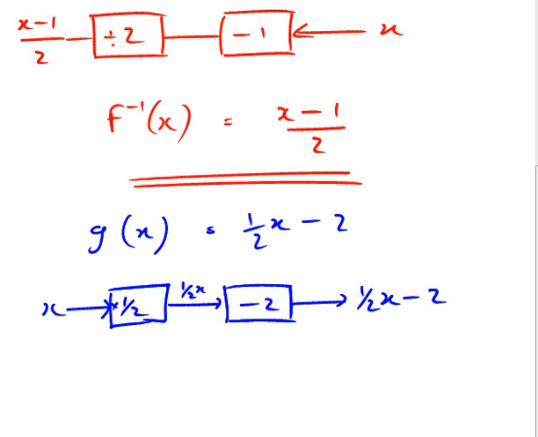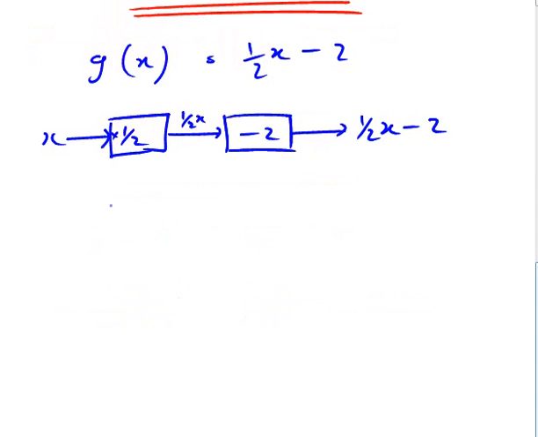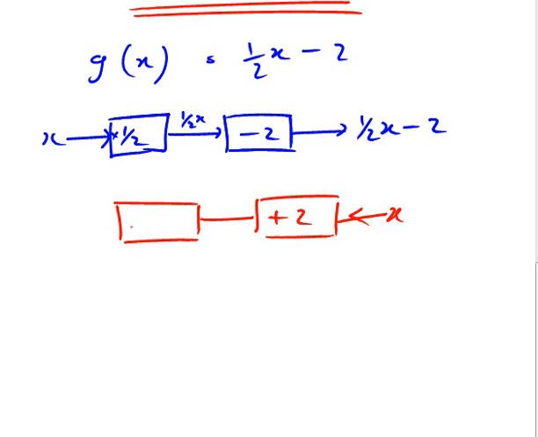So what would the inverse function look like in that case? We could reverse it and say, okay, if we give the function x going back the other way, what's the first thing we do with x? Well, we would add 2, and then we would end up with dividing by a half.